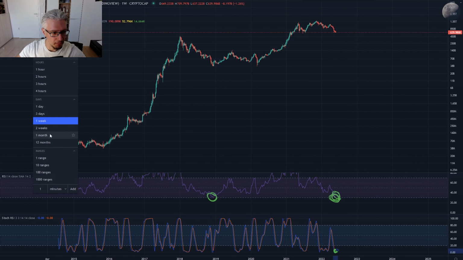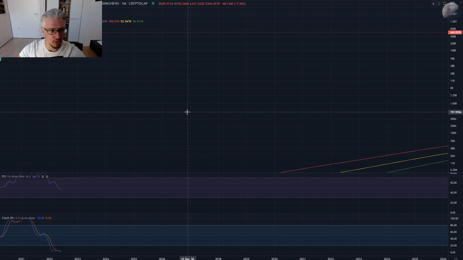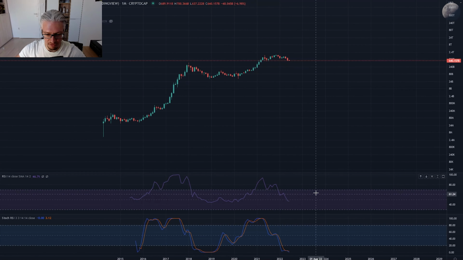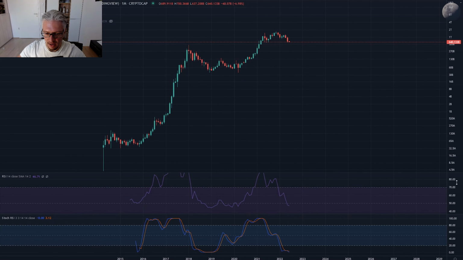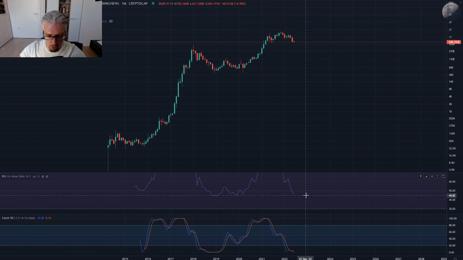If we go into the monthly time frame, the monthly is also a very good thing to look at for identifying long-term trends. So if we want to identify super long-term behavior, we go into the monthly, and what do we see? We see that the RSI is getting insanely, ridiculously oversold. We are almost at historically low levels, which we saw in late 2018, early 2019 at 44, and we are now sitting at 47.